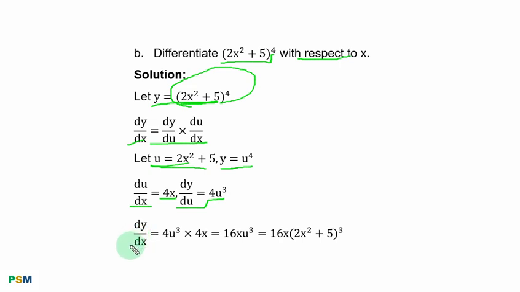Therefore, dy/ds is equal to dy/du, 4u cube, times du/ds, 4s. When you multiply, you have 16s u cube. You replace u with what it stands for, and you have 16s, bracket open, 2s squared plus 5, bracket close, to the power of 3.